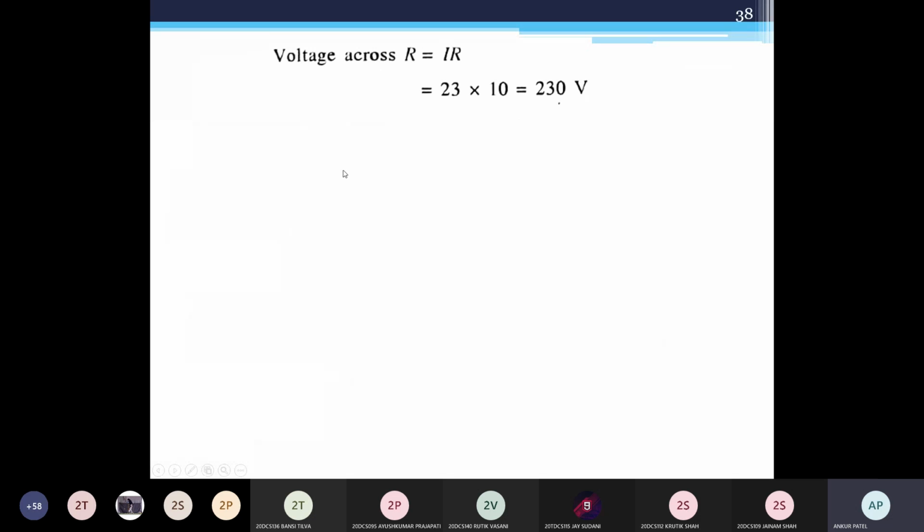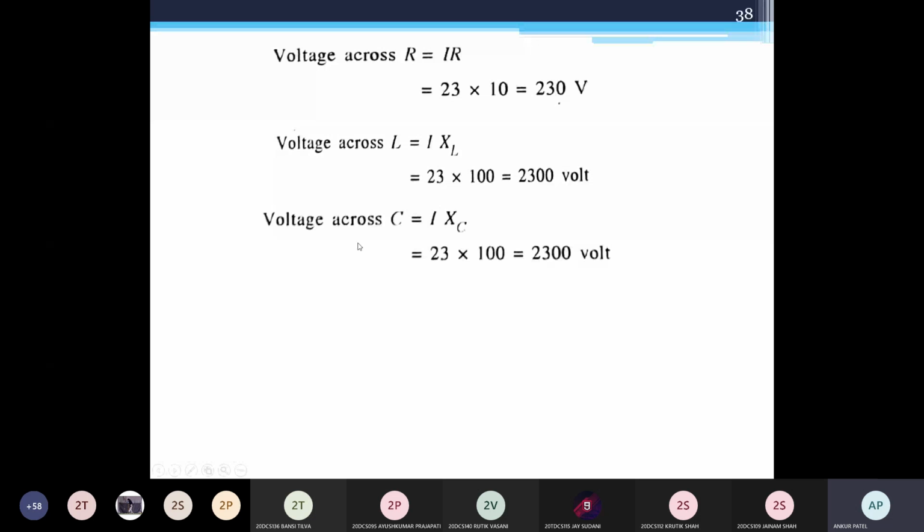VL is equal to I into XL, so that is 23 into 100, so 2300 volt, and voltage across C is also 2300 volt. Yes, it is the resonance condition, so you will get XL equal to XC or VL equal to VC. Okay, so it is 2300 volt.